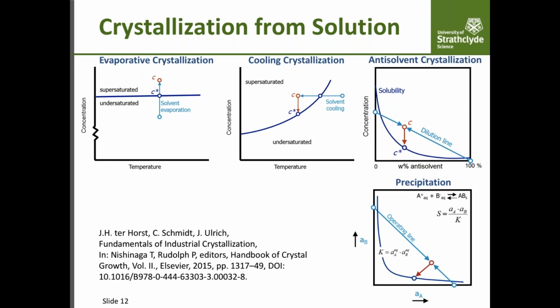There you see that the solubility at a particular temperature is a function of both reagents that combine into the slightly soluble product. So the method you would choose for crystallization from solution strongly depends on the solubility of the compound.